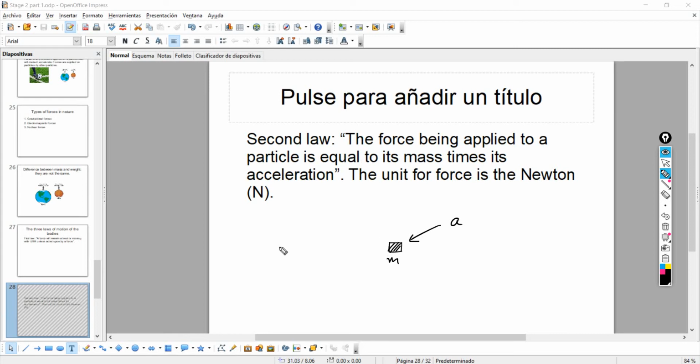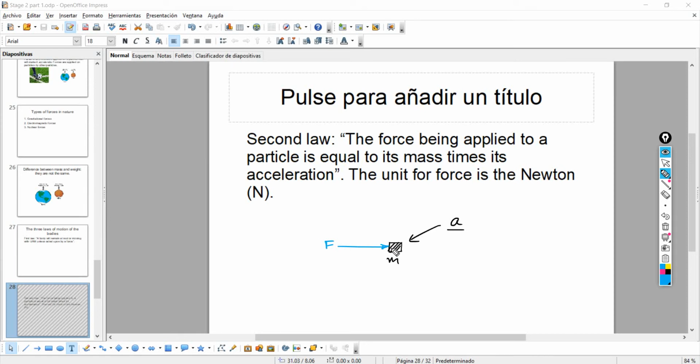Because remember that a force is something that causes acceleration. If this object has an acceleration a, that's because there is a force being applied to it.